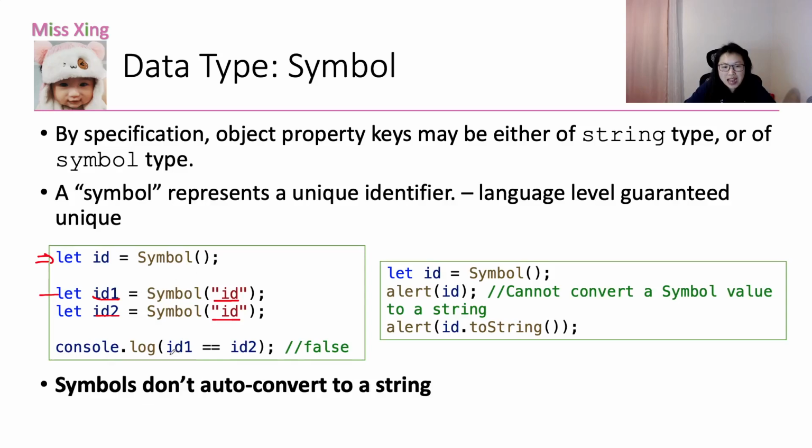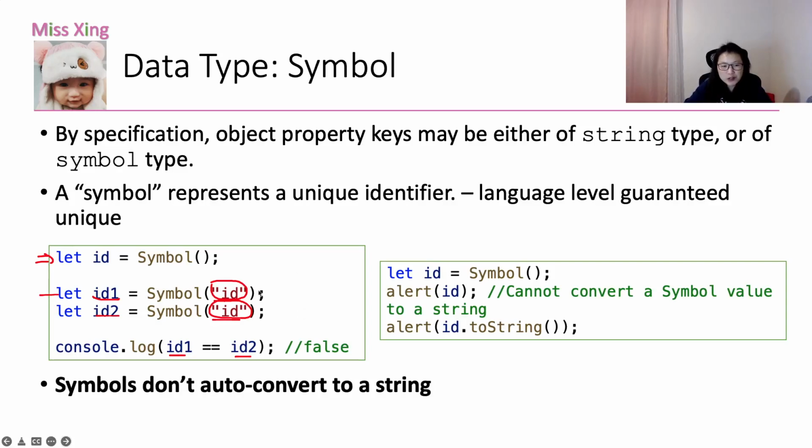But when we use id1 equals id2, you get false, because this string is just for human readability, which is this is for id. Whether you add it or not, JavaScript will guarantee id1 and id2 are unique.